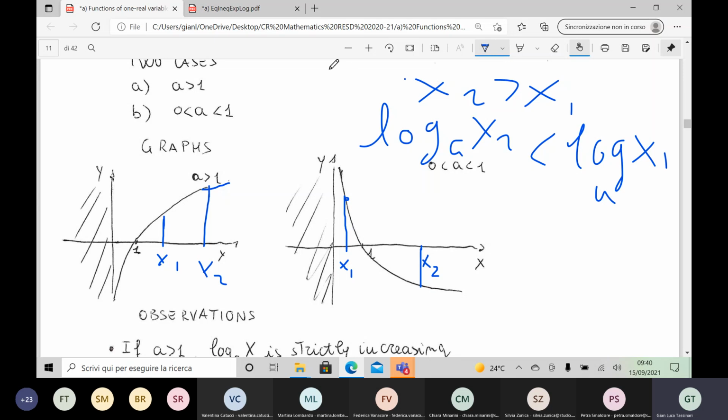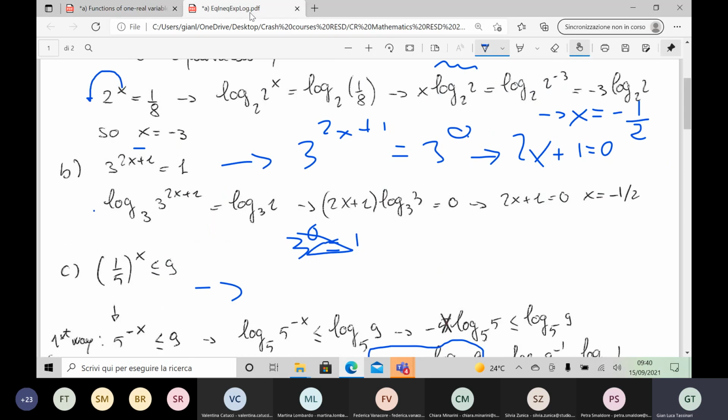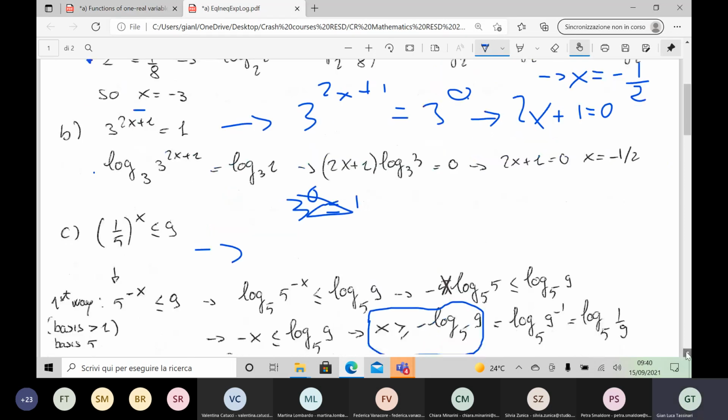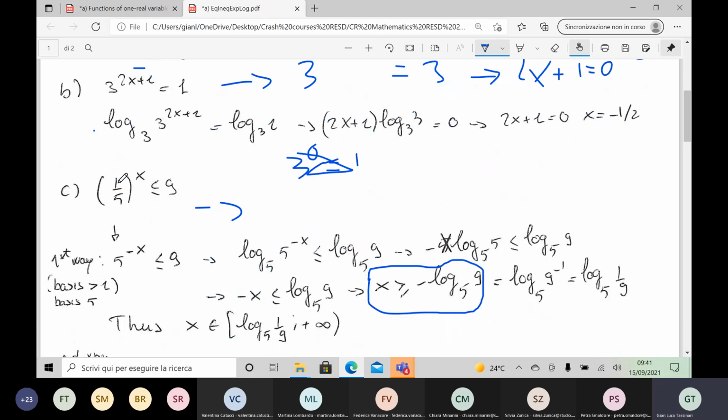So I think now I can go back, and now you should realize why typically I told you students prefer to transform this basis into a basis bigger than 1 by taking the reciprocal, because then they have to take the logarithm with basis greater than 1 of both sides, and they change nothing.